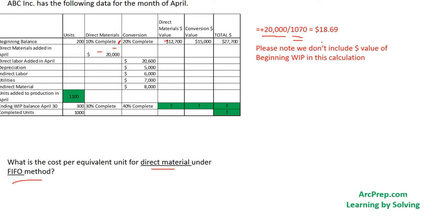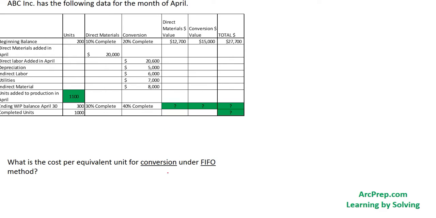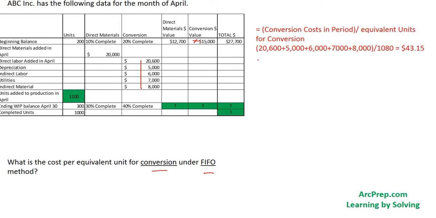Now, for conversion, we are going to do pretty much the same. We are going to look at the current cost, just these, and not this under FIFO. And we are going to divide these costs by the equivalent units we calculated for conversion under FIFO. The total of these costs, this is direct labor, plus this side is manufacturing overhead. Direct labor plus manufacturing overhead is conversion cost, and we need to divide it by 1,080.